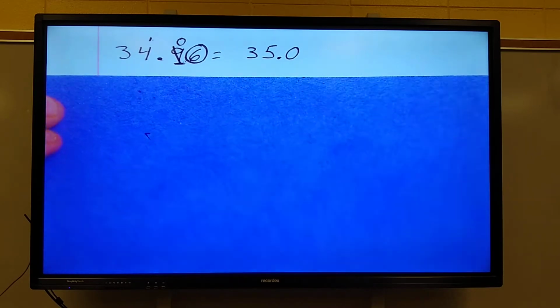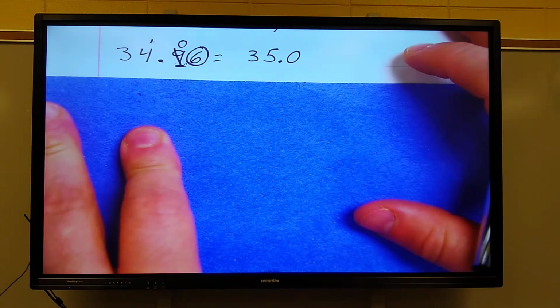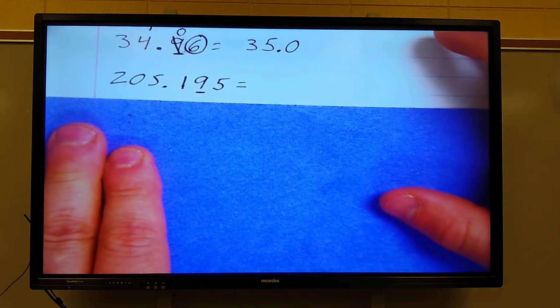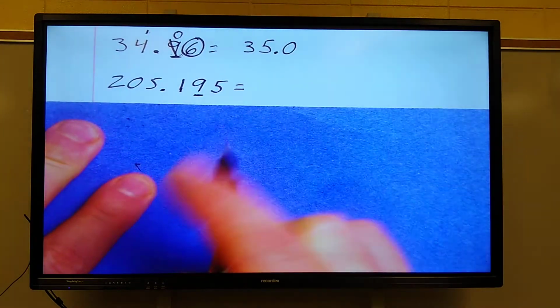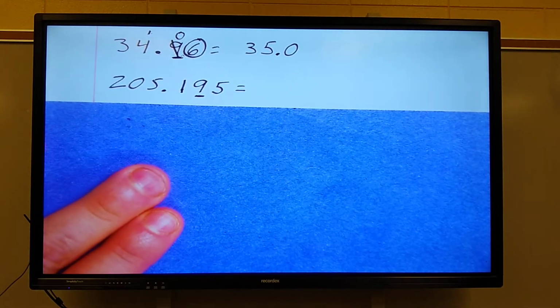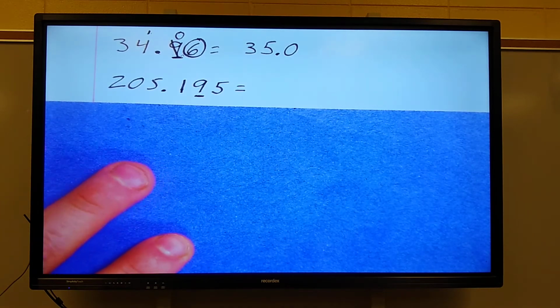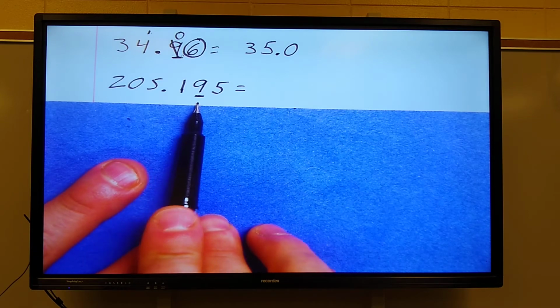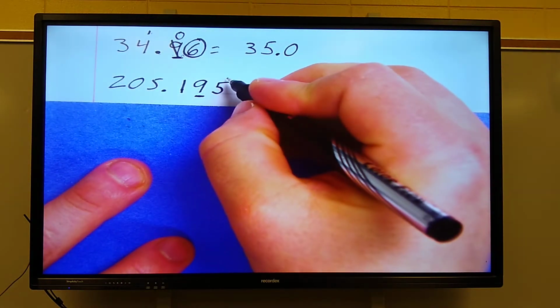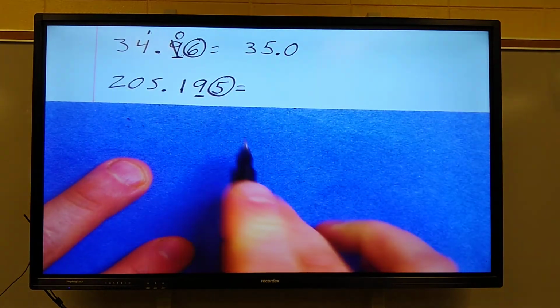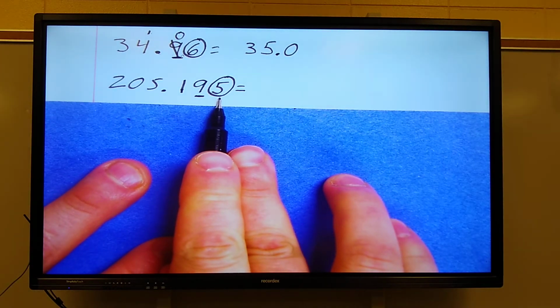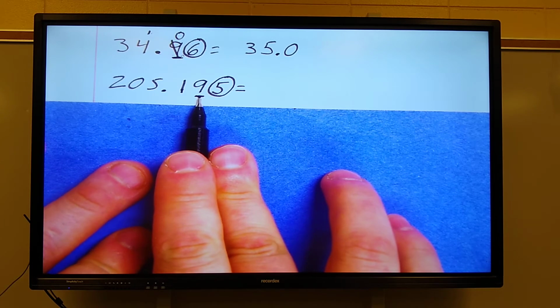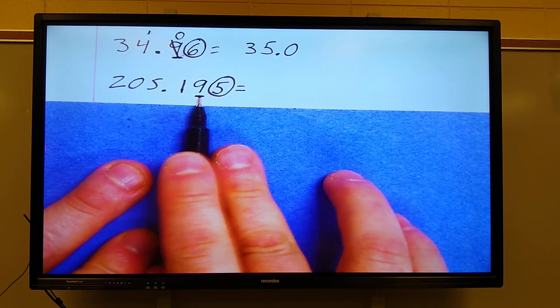I'm going to show you one more, then you're going to try. Look very carefully. 205 and 195 thousandths. I want to round the 9. I look to the right. The 5 tells me to round up. If I round 9 up, it becomes 10.